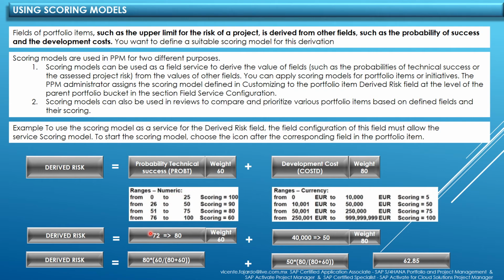Again, for example, if the value of probability of technical success is 72, the scoring is 80, and if the value of development cost is 40,000, the scoring is 50. Then we must obtain the percentage and multiply by the weight, by the scores, and we add it to the other field to obtain the final value for the field derived risk.